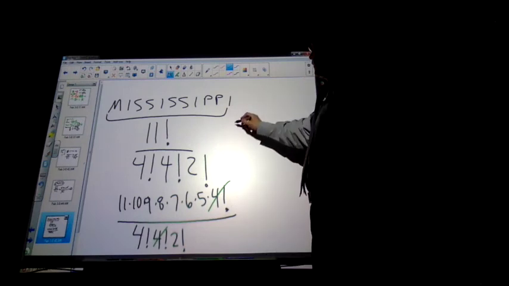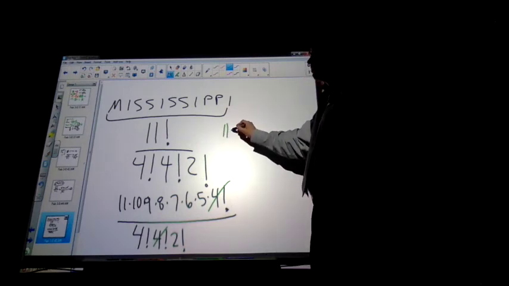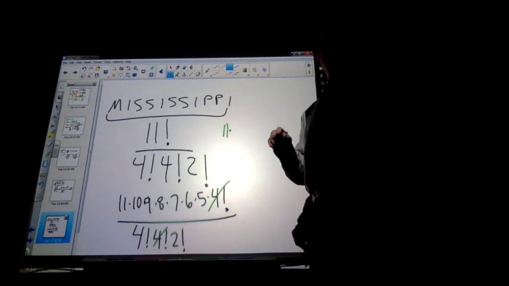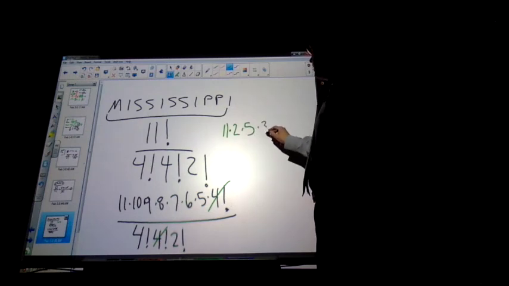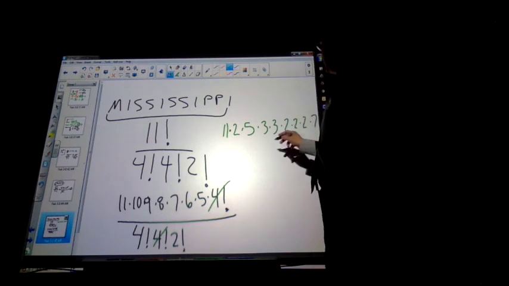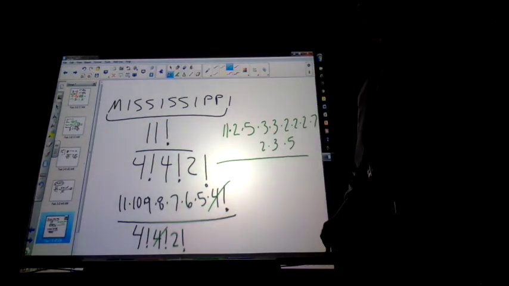Can 11 break down any further? No. What about 10? 10 is what and what? 5 and 2. Let's put that. 9 is 3 and 3. 8 is 2, 2, 2. And 7 is as is. 6 is 2 times 3. 5 is 5 and 1. So that's all the numbers on top.